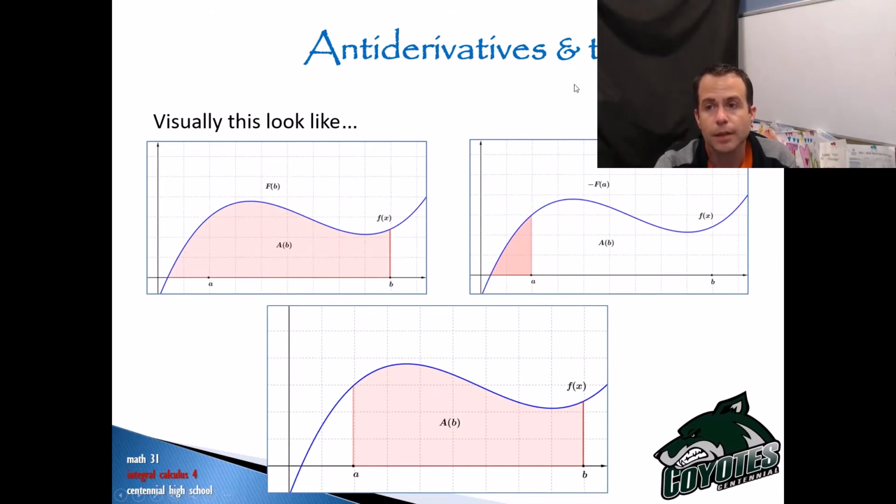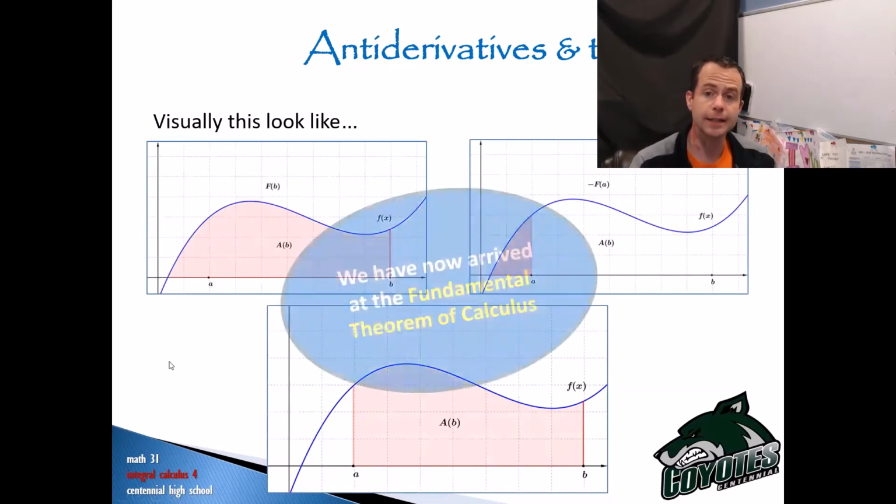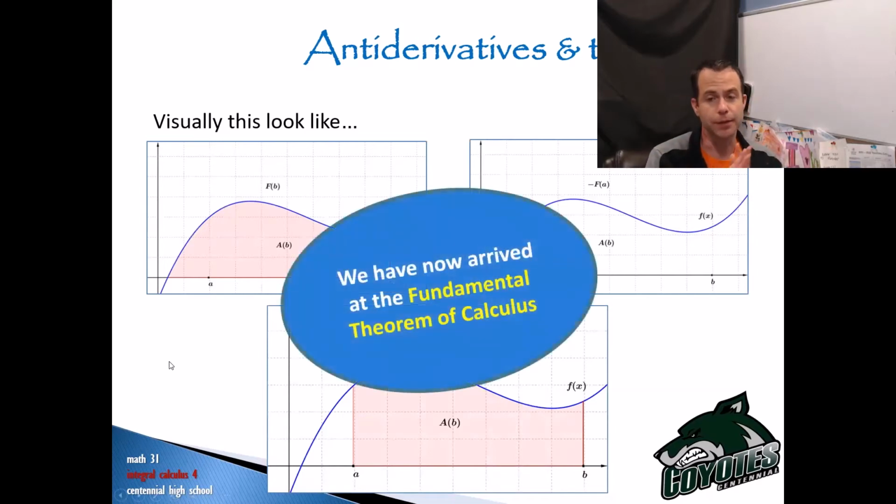Then f of a would be the same thing, the area underneath the curve and above the x-axis all the way up to where a is. But then I'm subtracting f of a. So if I subtract f of a, what I get is the area under the curve and above the x-axis between the points a and b. That, my friends, is what we call the fundamental theorem of calculus.